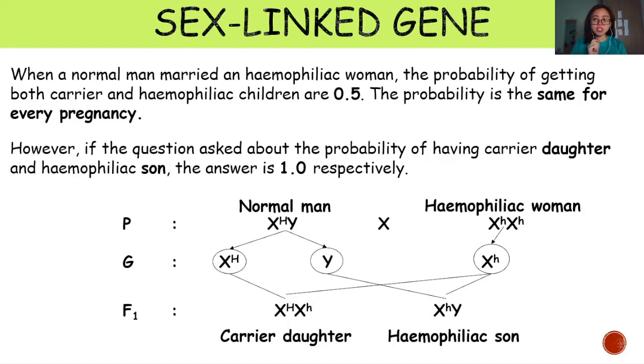And also pay attention to the words healthy, carrier, sick or hemophiliac ataupun apa saja penyakit yang dia tunjukkan untuk contoh itu. Jawapan dia akan berbeza bergantung kepada dia minta semua anak, anak perempuan saja atau anak lelaki saja. Nanti kita akan buat latihan dan dalam latihan kamu akan nampak pelbagai contoh.